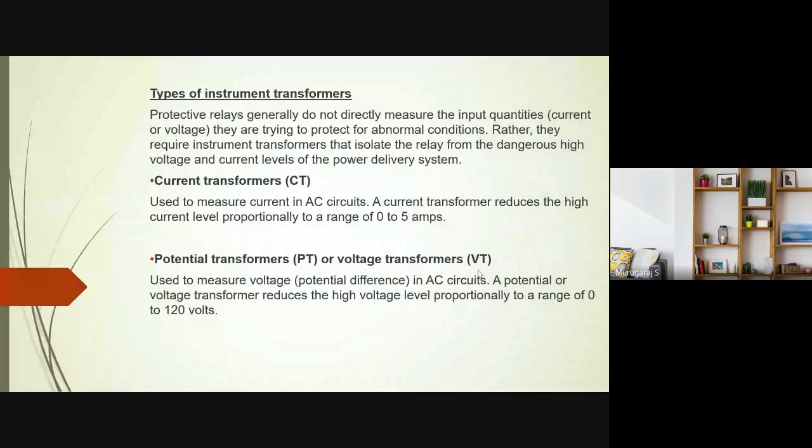If you ask me, the answer is yes. The same numerical relay can be used, but the current transformer and potential transformer have to be based upon your primary voltages. Suppose your primary voltage is 11 kV. Then 11 kV will be given to the potential transformer input, and the output can be ranged to 0 to 120 volts.